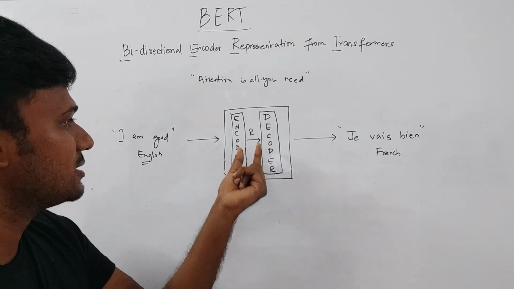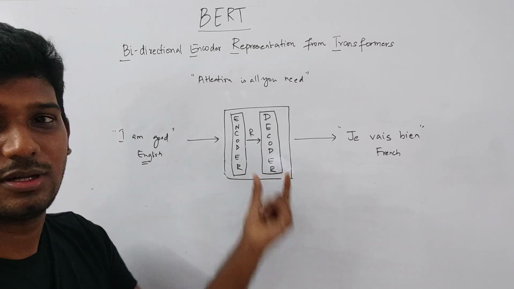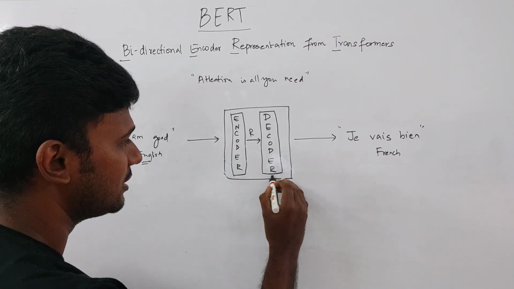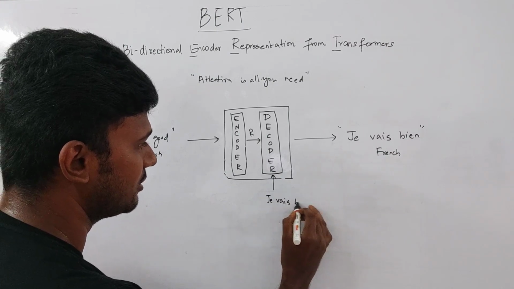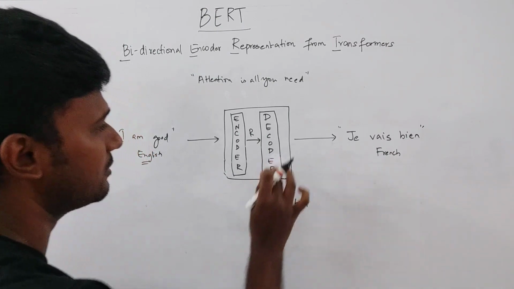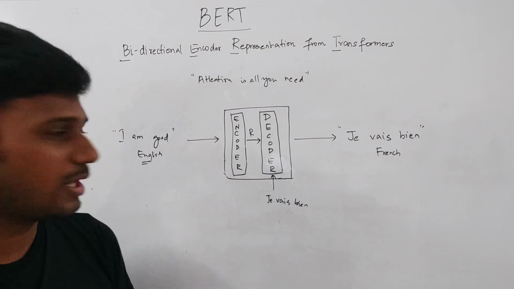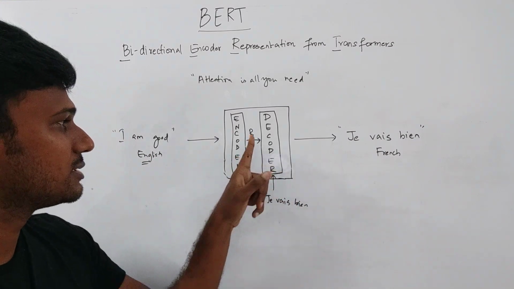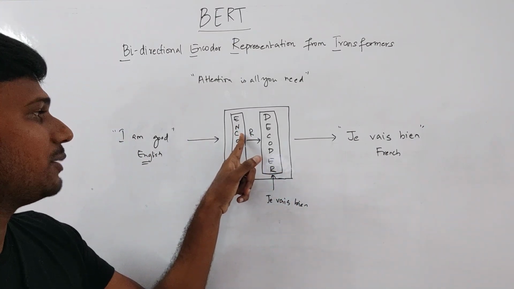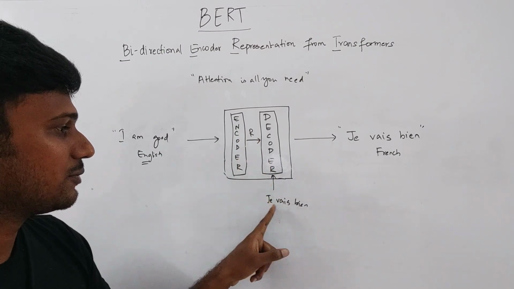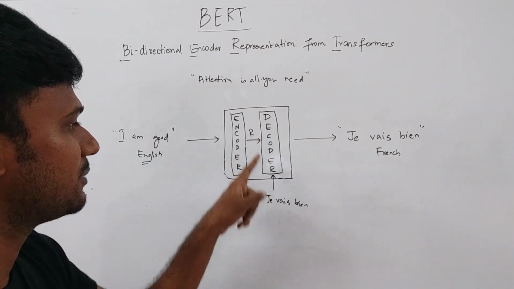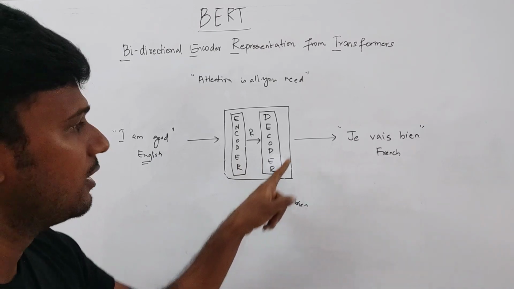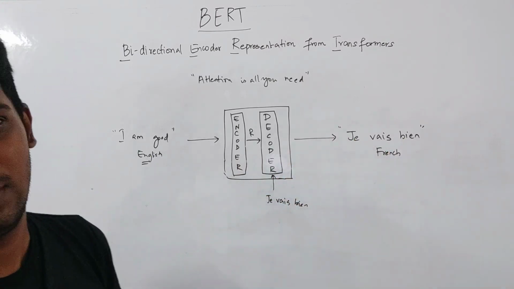Now that representation is sent into the decoder along with the original French sentence. So the decoder has two types of inputs: one is the representation from the encoder, and the other is the original French sentence itself. With both of these together, it outputs the French sentence.